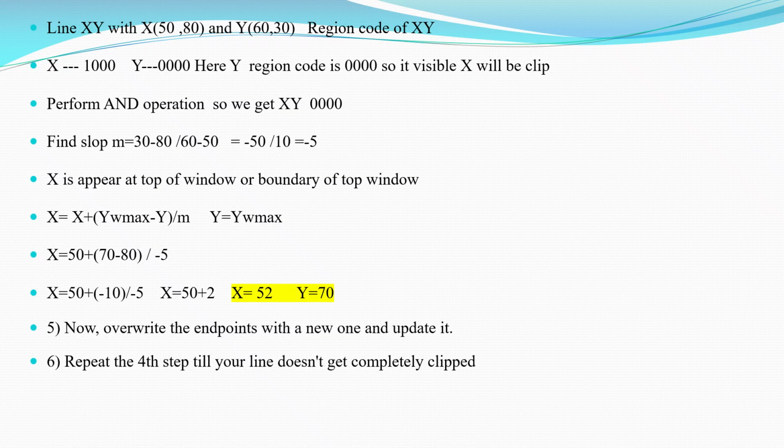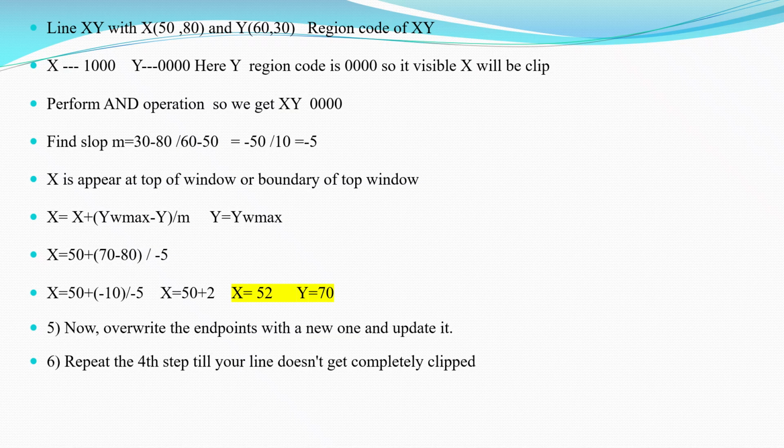We calculate that one, X equals X plus YW max minus Y divided by your slope value. And what is the Y? Y is equal to YW max. So here you have to take the coordinate X, the X value of X is 50.